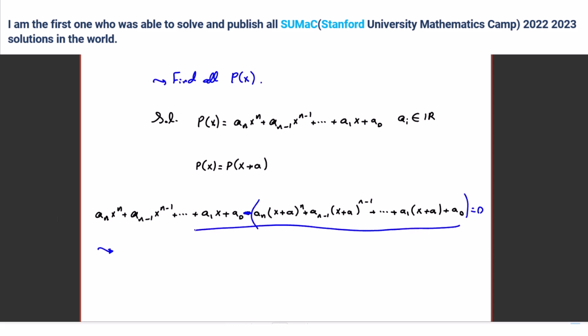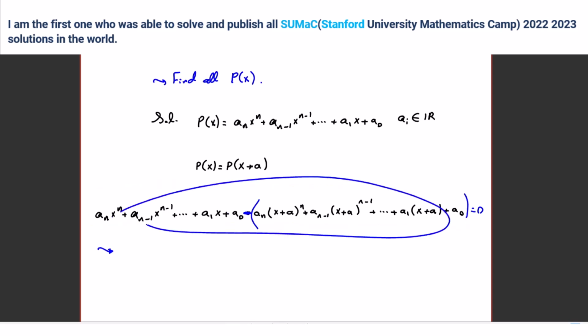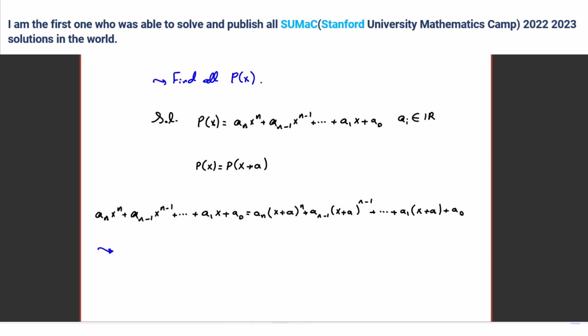If it is a polynomial of degree k, it has at most k real roots. When we have more than k roots, then all coefficients should be 0. Here, because it is correct for infinitely many roots, all coefficients should be 0. It means that if you consider the equation, all corresponding coefficients are 0. For example, the coefficient of x^n on the left-hand side is what? 0.